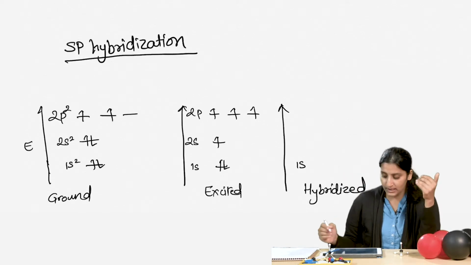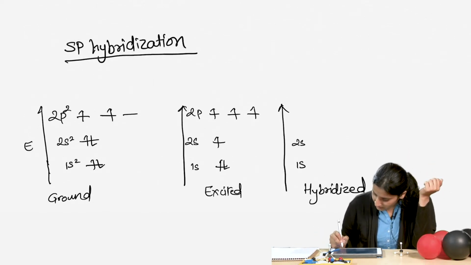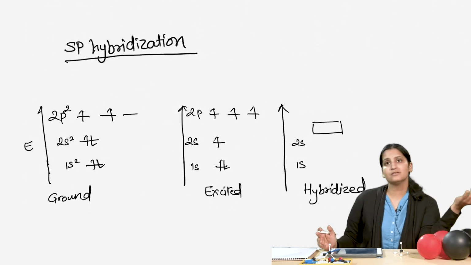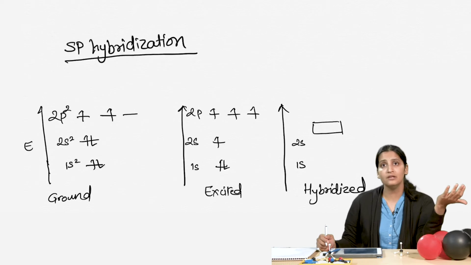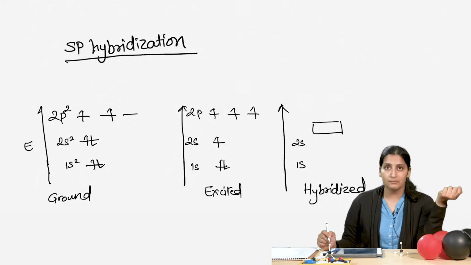So, I can only take one of these s and one of the p's. So, I will take this 2s orbital and let us imagine that we have taken the px orbital. So, what remain with carbon are the py and pz orbital that did not take part in hybridization.